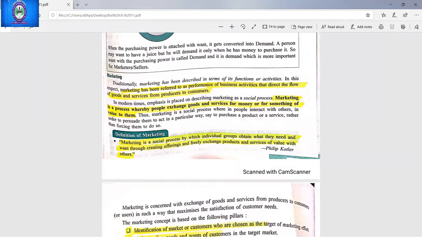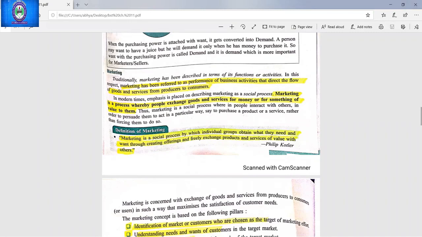The definition given by him: marketing is a social process by which individuals and groups obtain what they need and want through creating offerings and freely exchanging products and services of value with others. So this is the definition of marketing.